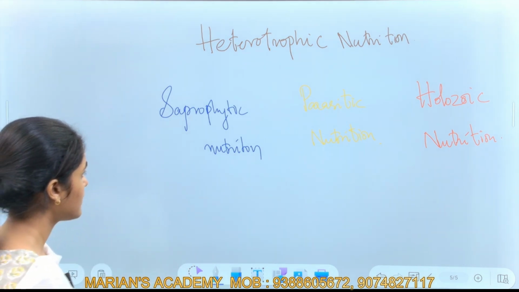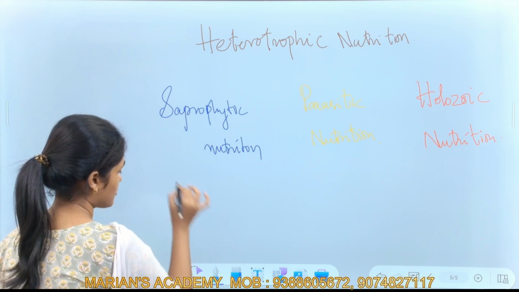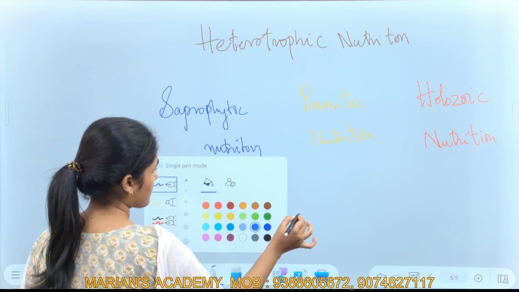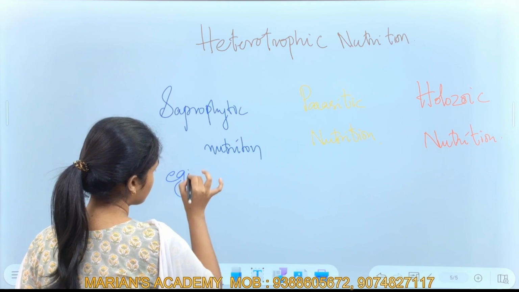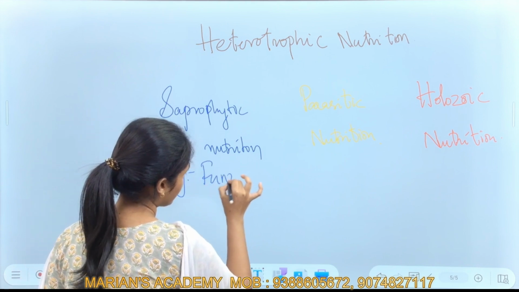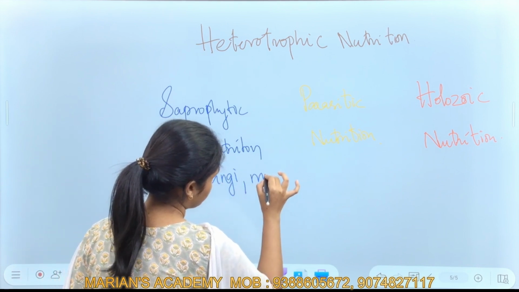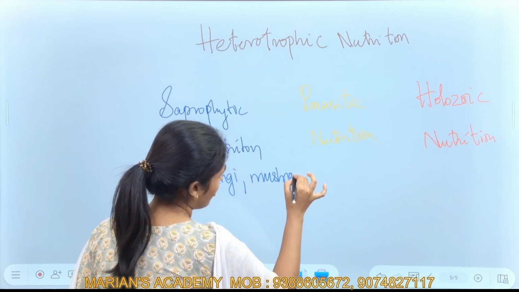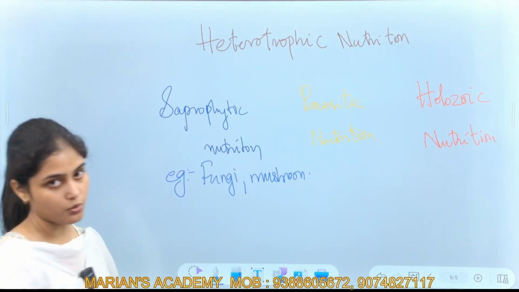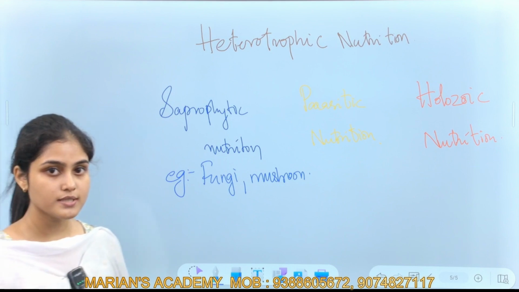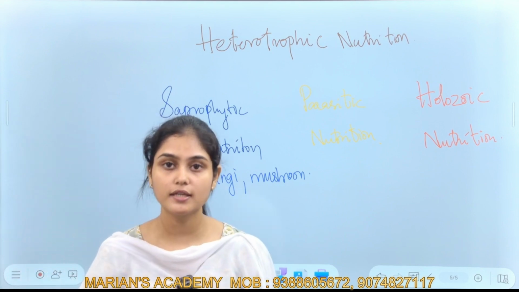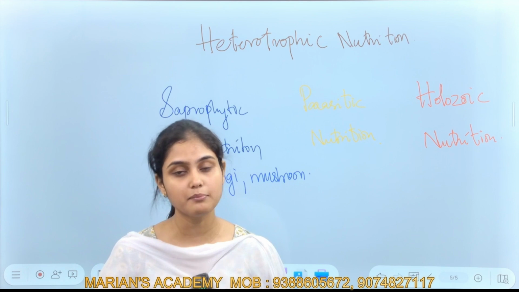Okay. I will just quickly go through what all it is. Saprophytic nutrition, with example I will talk first. So, examples of this are fungi, mushroom. These organisms cannot make food of their own. Okay, what they do is, they take the nutrients, mainly from dead matter.